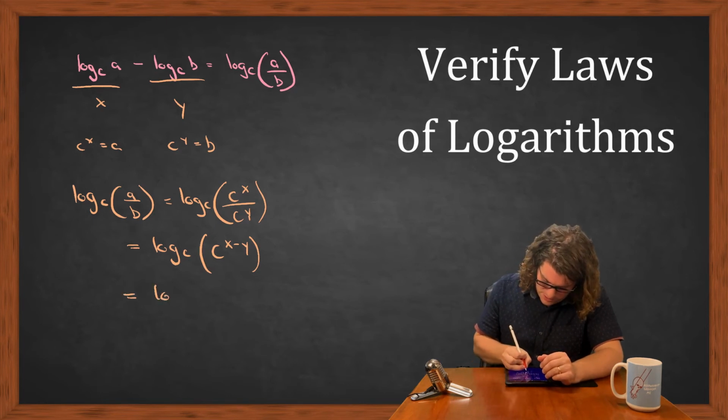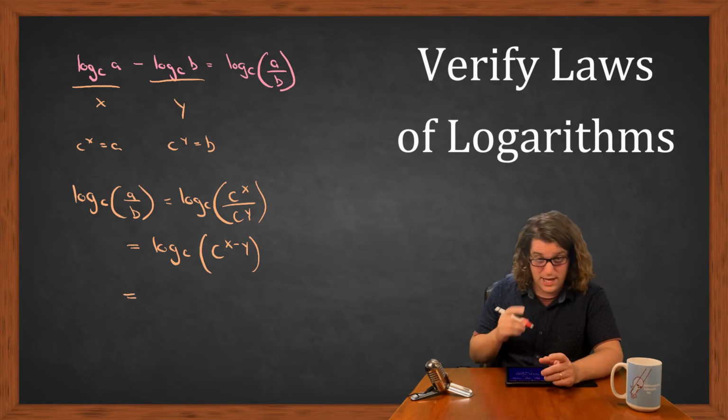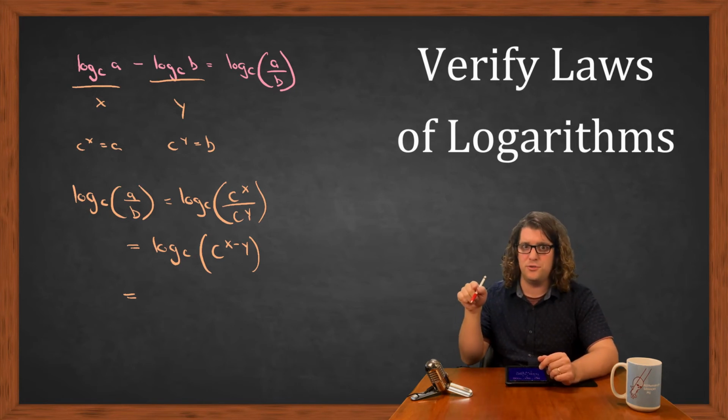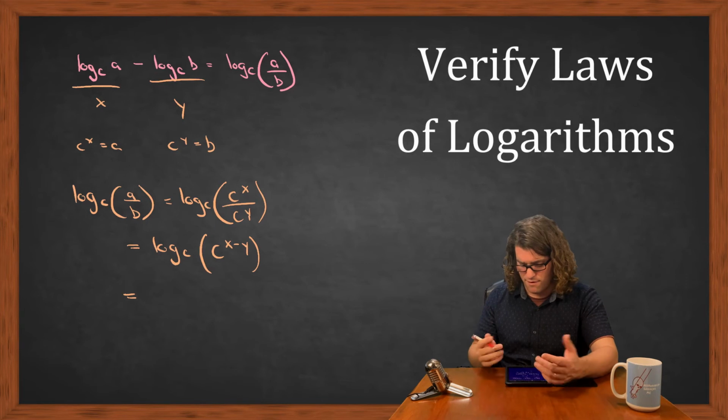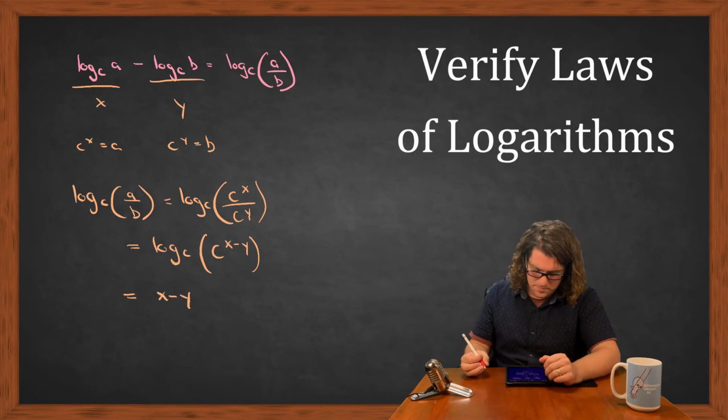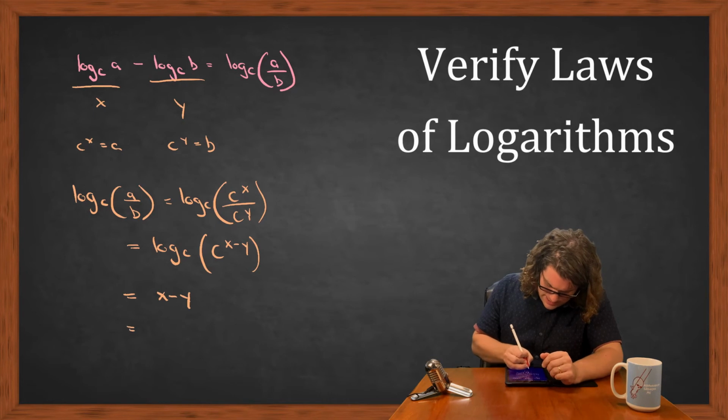Now, what we can do at this point is actually cancel out the logarithm, because the logarithm of the exponential with the same base, same flavor, is going to leave us with just x minus y in the end. But my x is log base c of a, and my y is log base c of b.